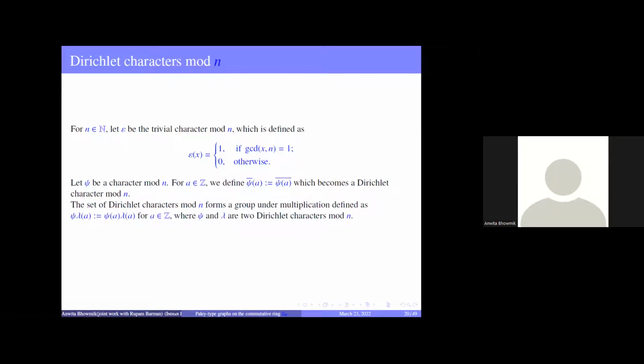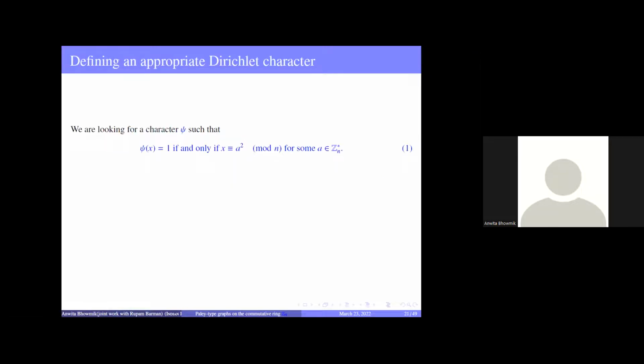Taking psi bar as the inverse of psi, we see that the set of characters forms a group and the identity element is epsilon. So we also have psi times psi bar equal to epsilon, as I said. And if psi is not equal to epsilon, then over x ranging in Zn, the sum of psi of x is 0.